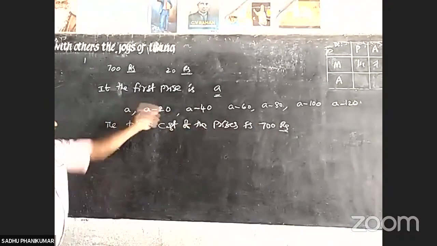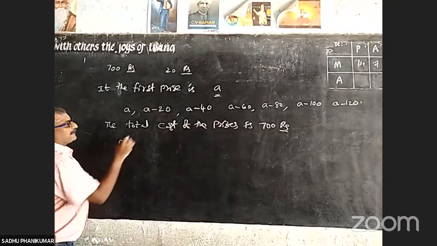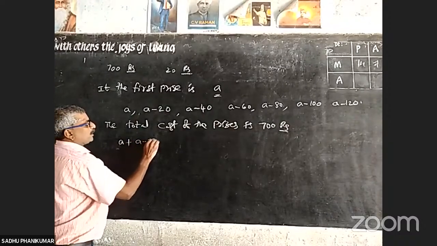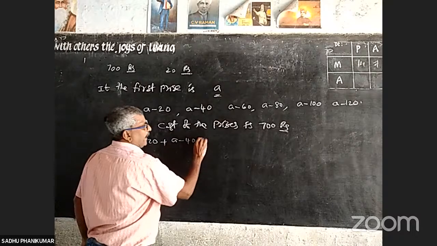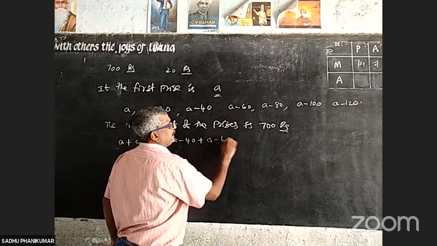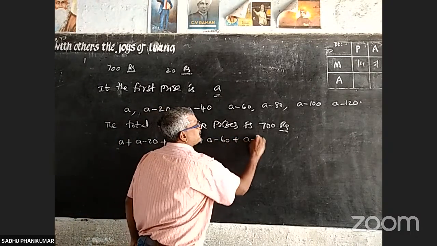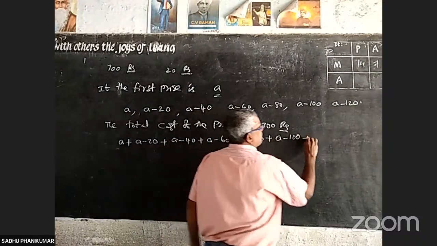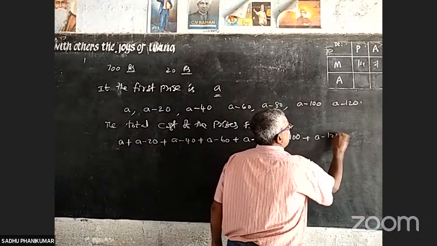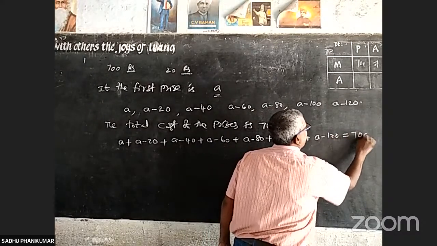So simply add A plus A minus 20 plus A minus 40 plus A minus 60 plus A minus 80 plus A minus 100 plus A minus 120. This is equal to 700.